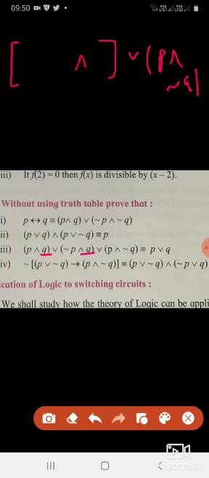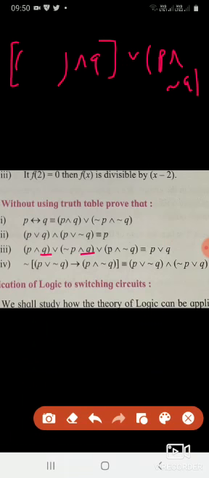P and Q is common. So I am going to keep the last one as it is, or P and negation of Q, let it be on the side. In the first two, I am going to take P and Q common out.